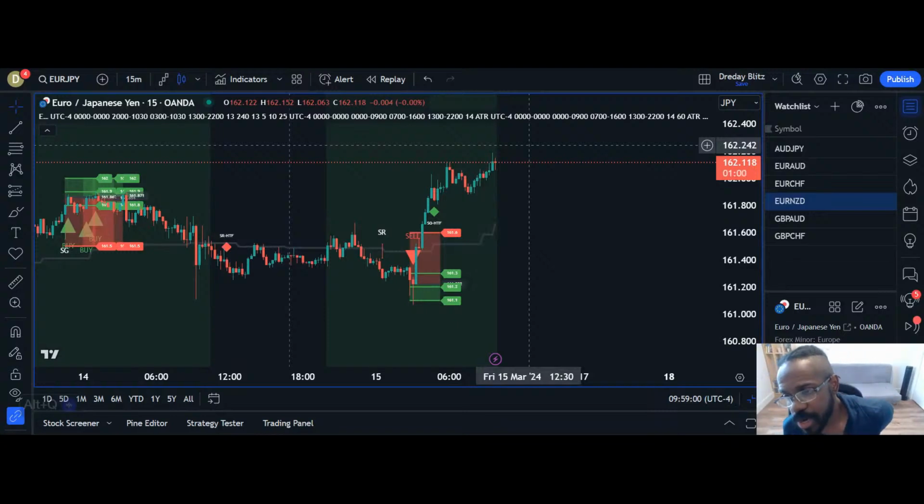Yeah, but what is the pair that you like to trade? What currency pair do you like to trade? No, Leon, what is the pair that you like? Forget about COT. What pairs do you like?